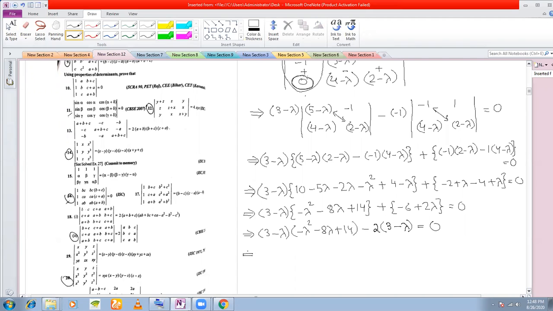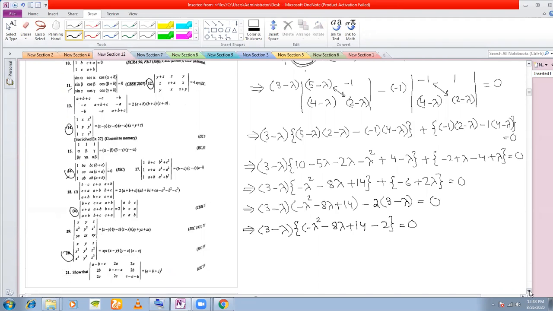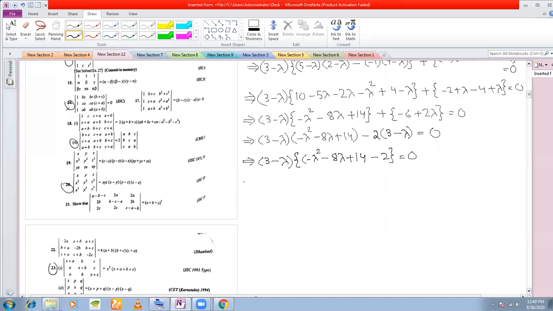Now what happens, see? From these two, I can take 3 minus lambda common. What am I left with? I'm left with minus lambda square minus 8 lambda plus 14 minus 2 equal to 0. Right? So that means 3 minus lambda into minus lambda square minus 8 lambda plus 12 equal to 0.